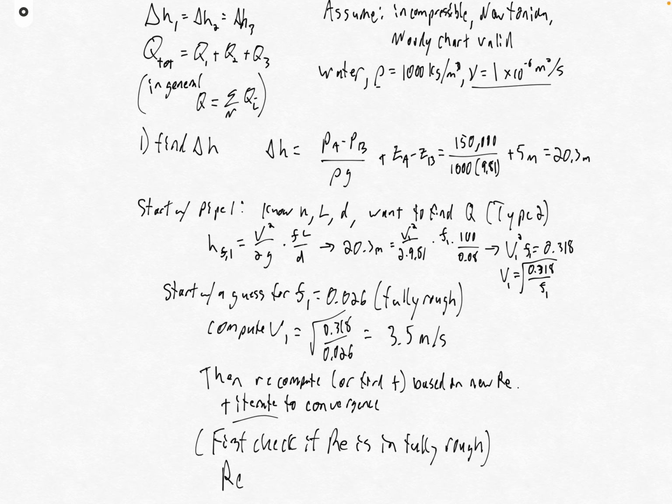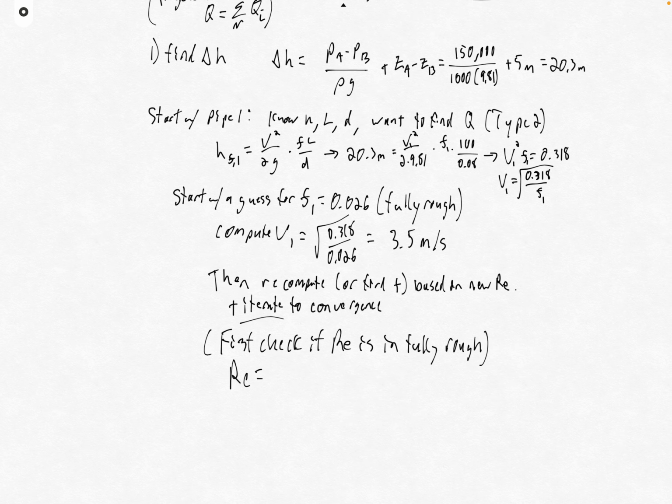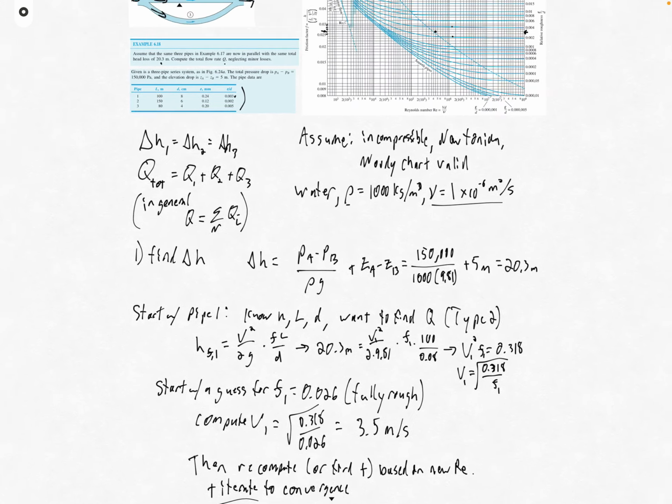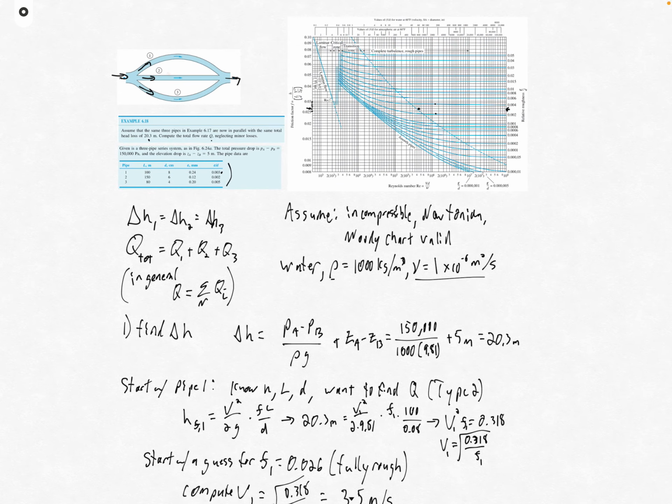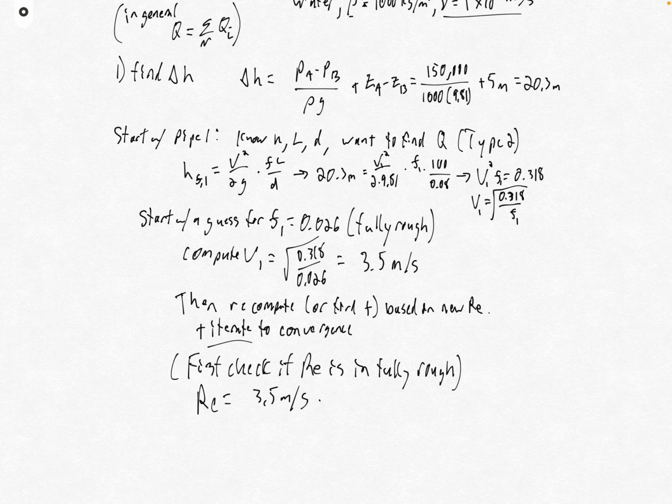So the Re, in this case, is going to be our velocity, 3.5 meters per second, times the diameter, which is 8 centimeters. So that's 0.08 meters over 1 times 10 to the minus 6 meters squared per second. That's our kinematic viscosity. You can see the units work out here, so this will be dimensionless, which is good.